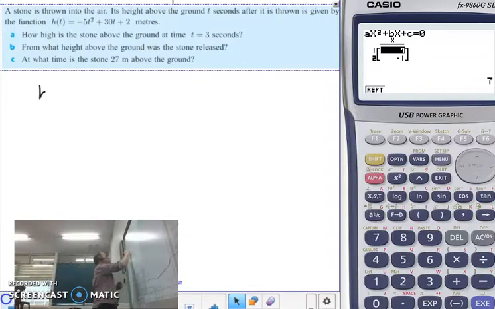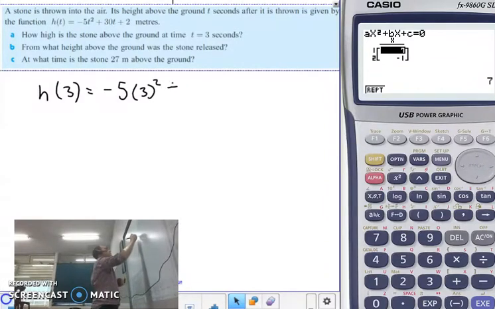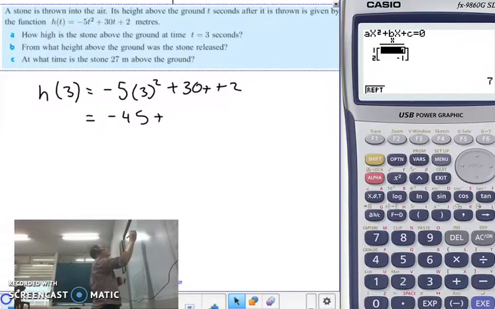So again, that's just substituting in for our value. Then that's times 3 plus 90.